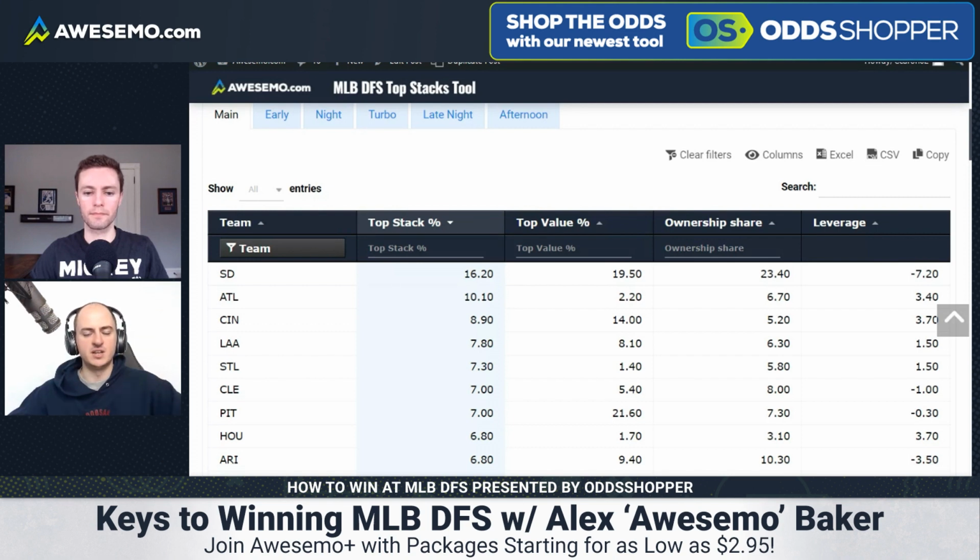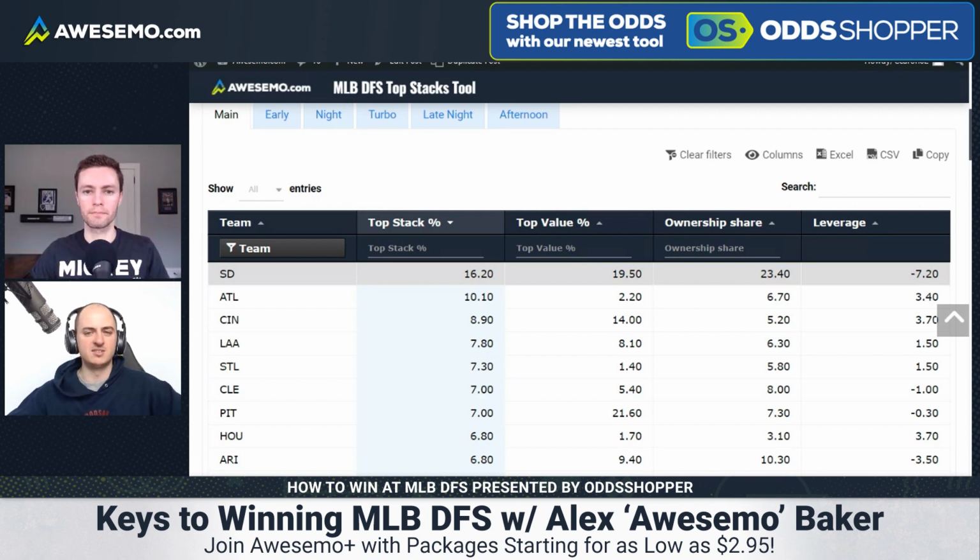There are some salary cap constraints, so if San Diego is more expensive, maybe a value stack might sneak in there. But generally, the bats winning the tournament and the pitchers are whatever the best ones are with that stack. So we can say, okay, 16% of the time San Diego is going to win the slate, but that means 84% of the time it's going to be another stack. And 84% is a lot bigger than 16%, obviously.